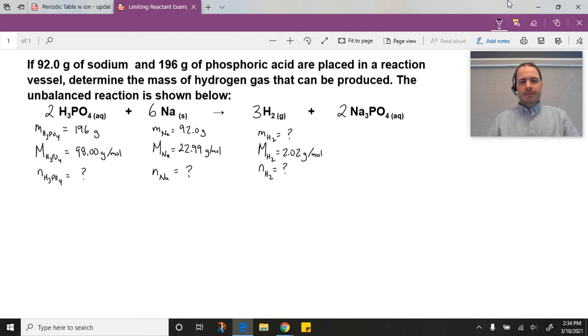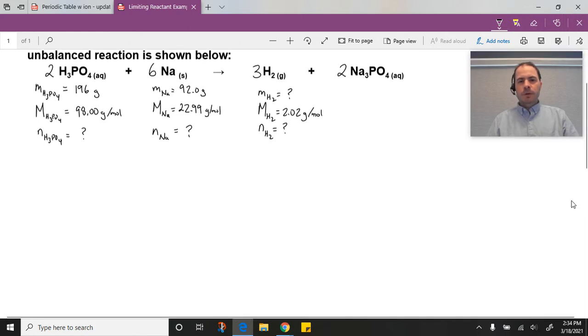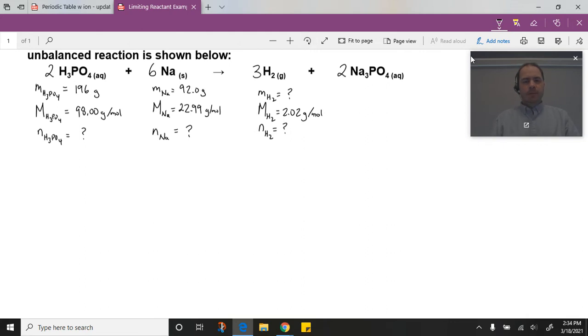Now, to tackle this problem, I like to work with one reactant at a time and figure out how much product would get produced from that reactant. So let's start with the phosphoric acid. I'm going to keep track here.